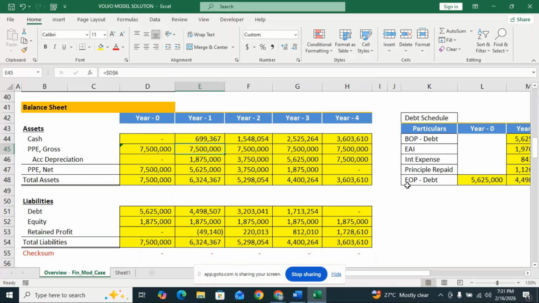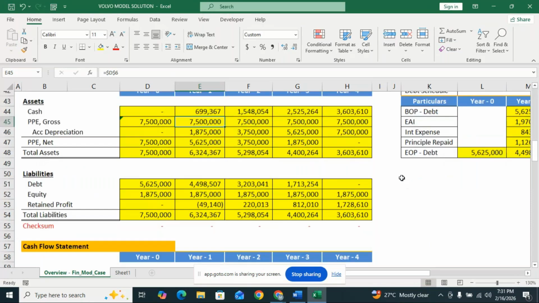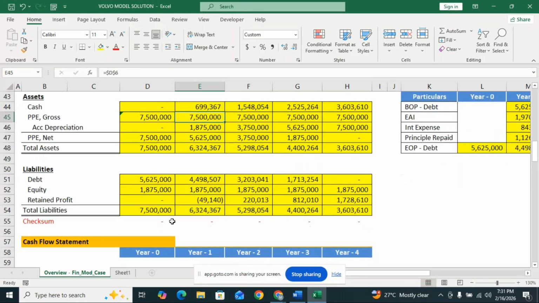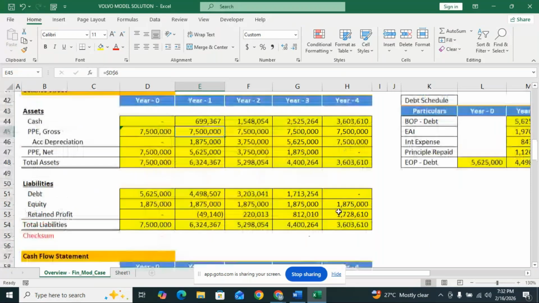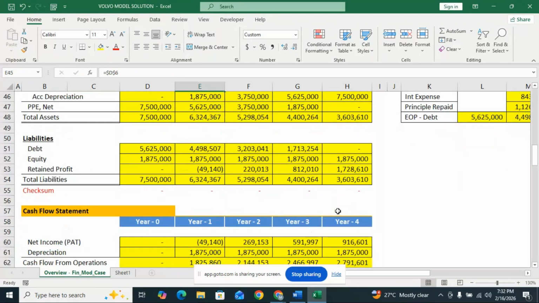That time we had some missing values, and at the bottom we had this checksum. We had some values which needed to be cross-checked. So now it is appearing nil over here because now all has been settled well. Okay, so I hope you have got the same value for total assets and total liabilities.